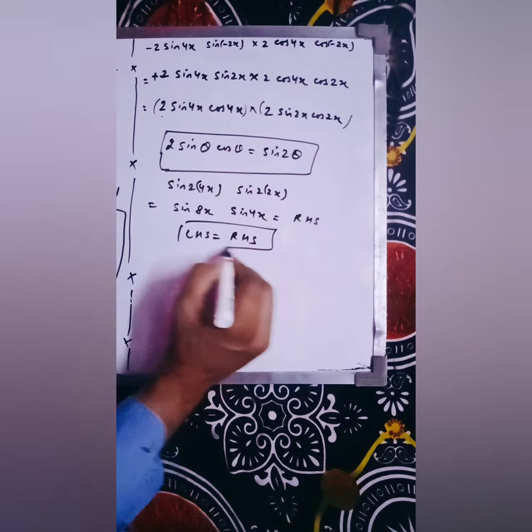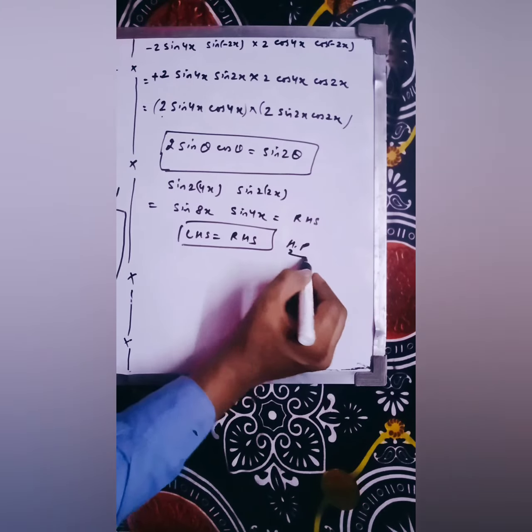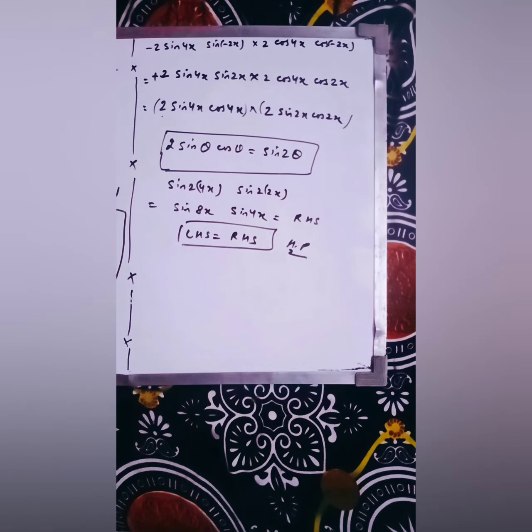Apply the same formula in both parts. Now this would be sine 8x and this would be sine 4x. So this is your right hand side. So your LHS is equal to RHS, hence proved. This is how you can solve this question.